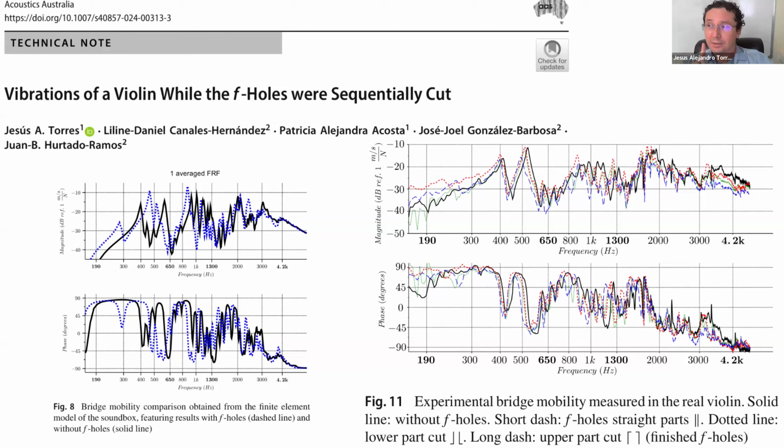It was very interesting for us because over the years, scientists have been trying to link which part of the violin is more linked with the bridge hill emergence.